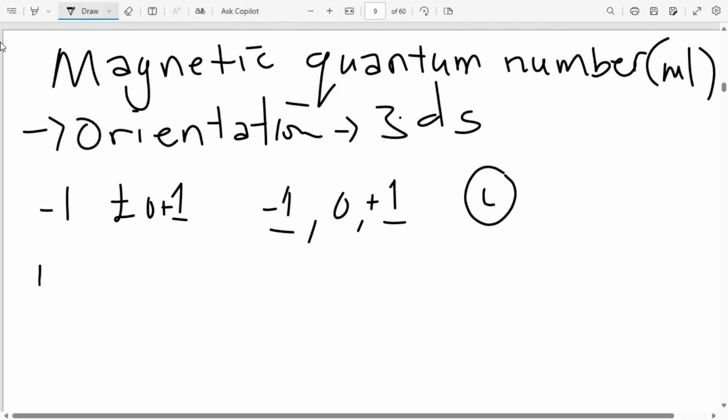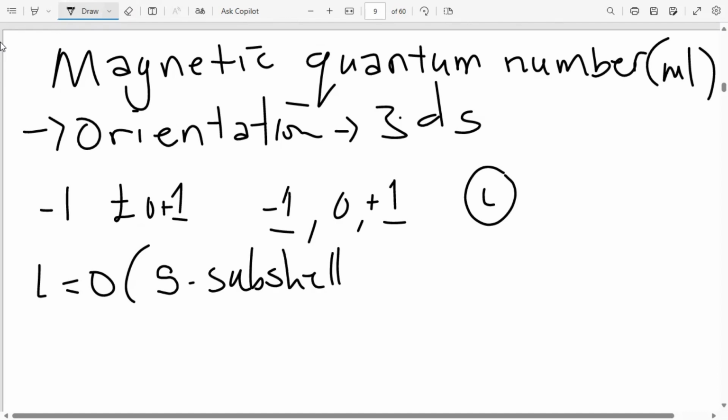For example, if L is equal to 0, remember we said when L is equal to 0, that is an S subshell. If L is equal to 1, that is a P subshell, and so on and so forth.